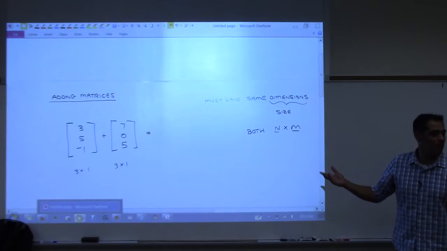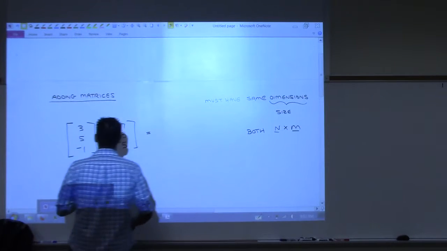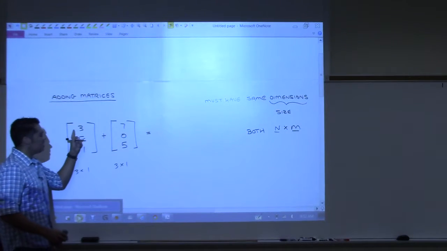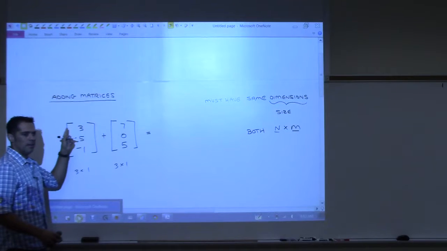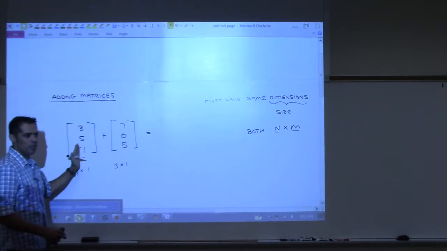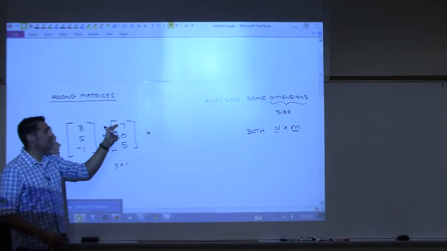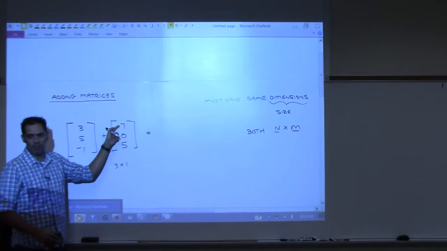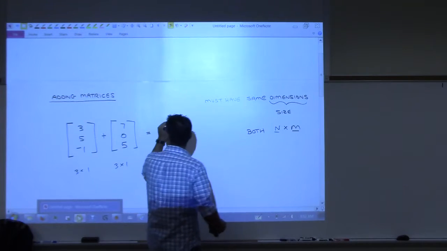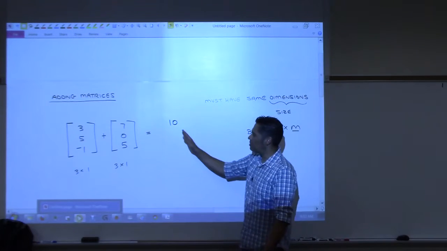10, 5, 4 makes the most sense? Okay, so what you're doing is you're taking this element, which is the first row, the first column. Well, there's only one column here, right? You're taking the first row, first column, and you're adding it to the first row, first column of this one. Add those two together and you get 10. Now, is the answer also going to be a matrix?